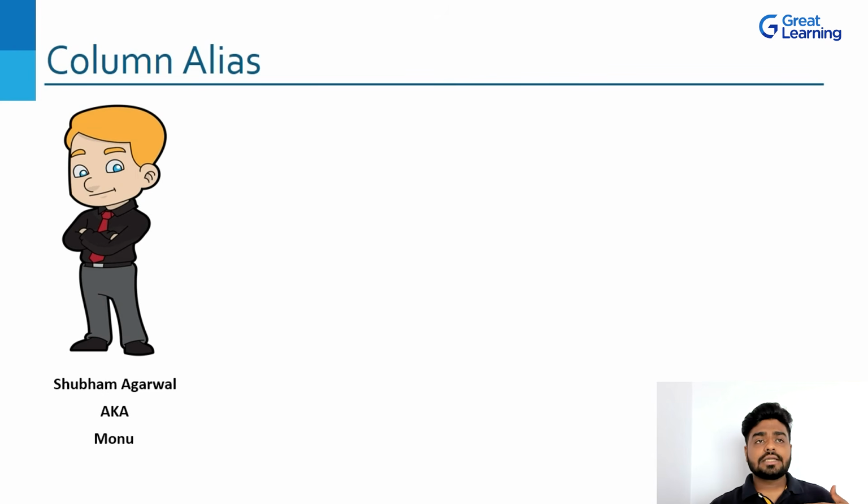And when we write a query regarding that table every time, we always have to use that table name or column name, which is very long and very tedious. So we make another nickname for that particular table or column name, okay?